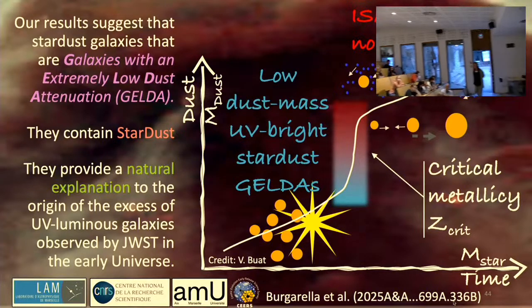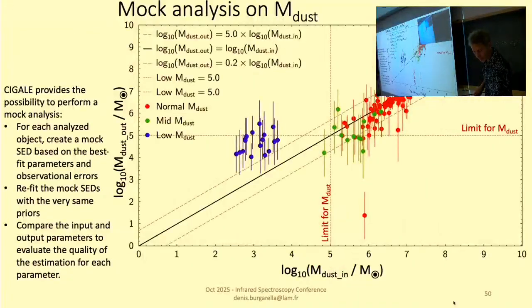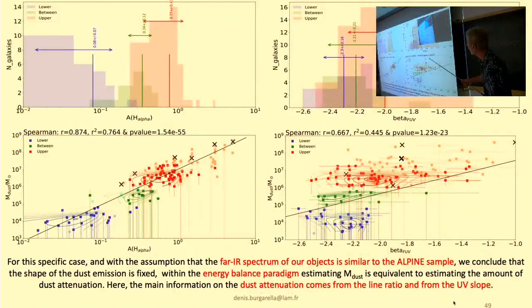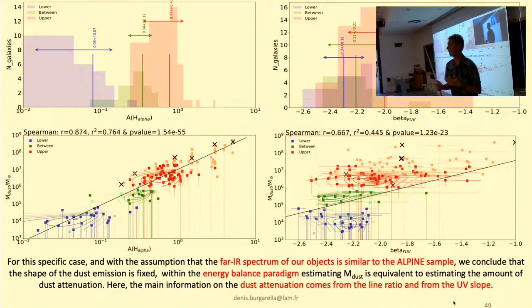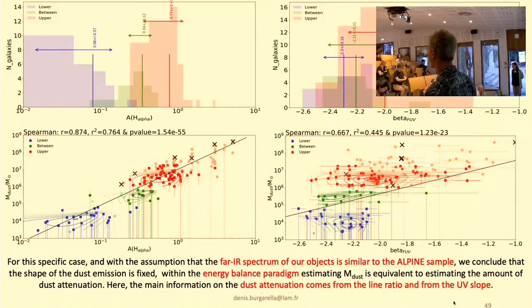That's an excellent question. So basically, I assume that these objects are similar to what we have in UV-selected galaxies at redshift 4, 5, 6, 7. That's the ALPINE sample.